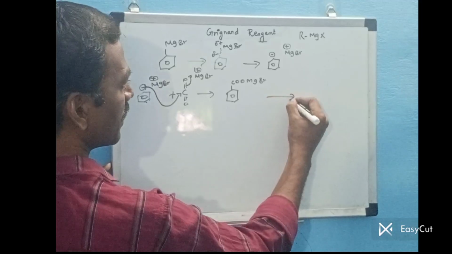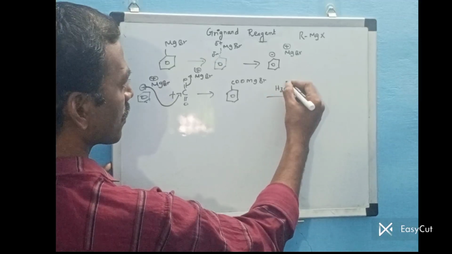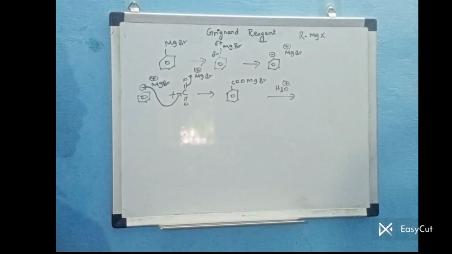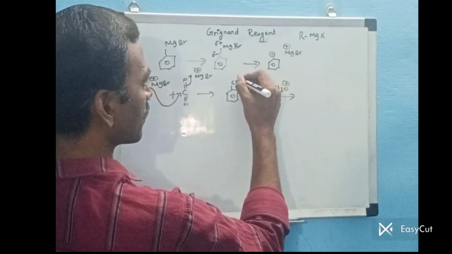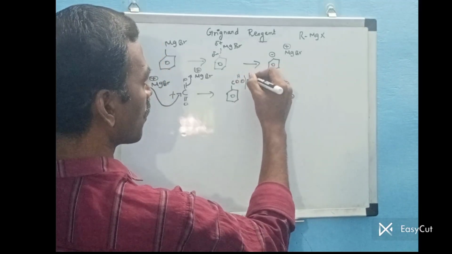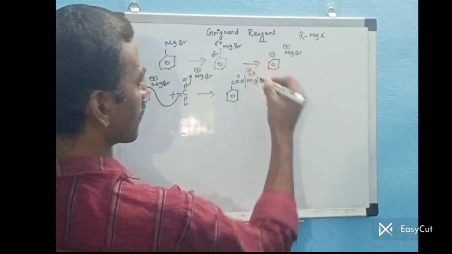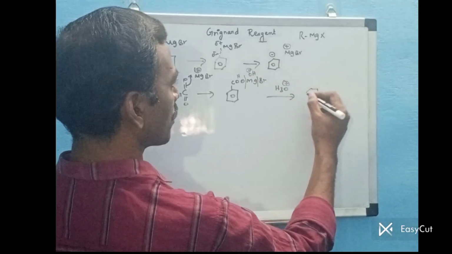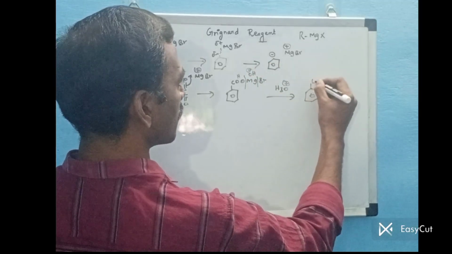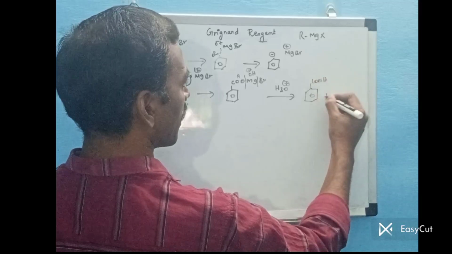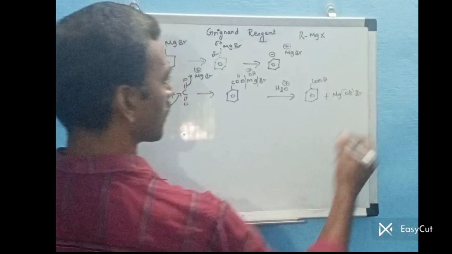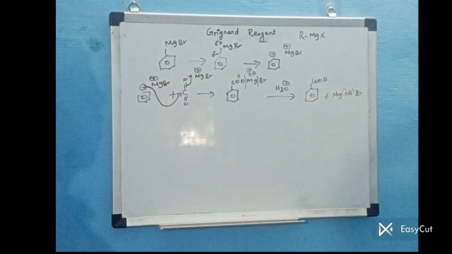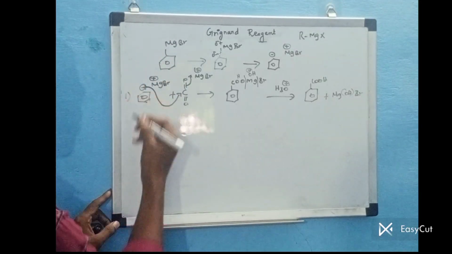The intermediate further undergoes acid hydrolysis, which means one hydrogen goes here, one hydroxy group goes here, to form neutral carboxylic acid and magnesium salt. This is the first example.